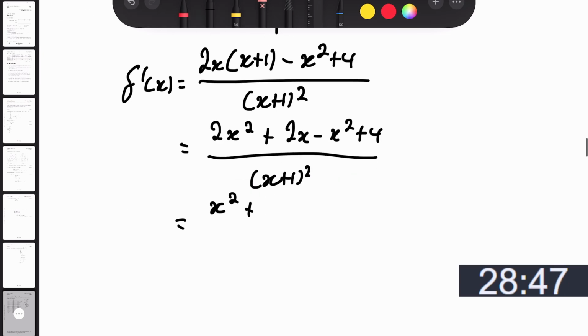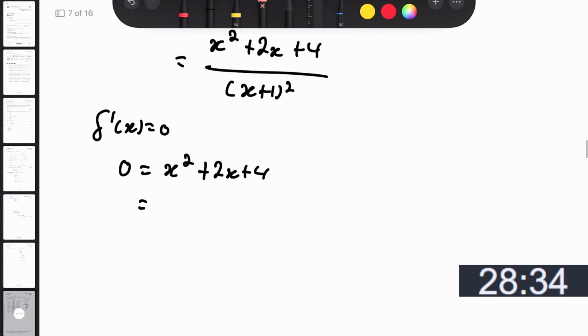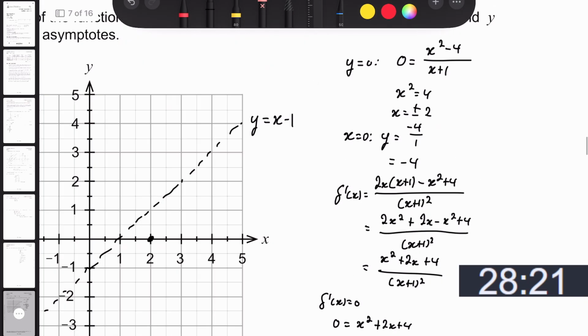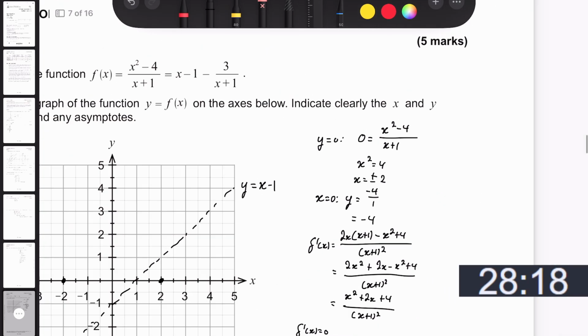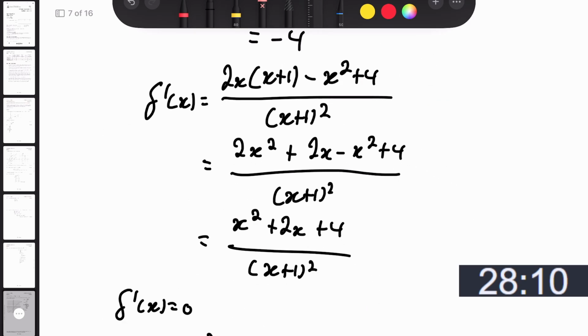This is x squared plus 2x plus 4 on x plus 1 squared. If we let that equal 0, we have 0 is equal to x squared plus 2x plus 4, which is going to be, did I do something wrong? The derivative of the top, just 2x times x plus 1 minus 1. What's that? X squared 2x.